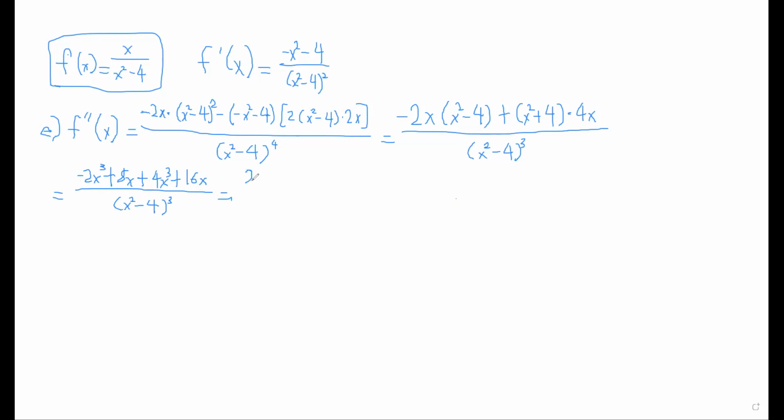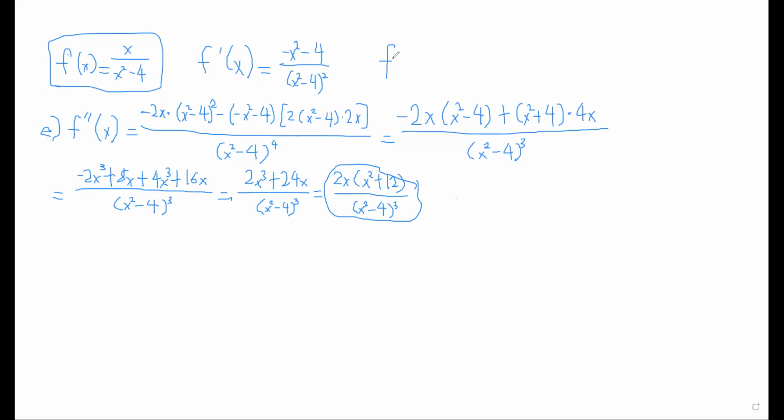Which is equal to 2x cubed plus 24x over, which also equals 2x squared plus 12. There we go.